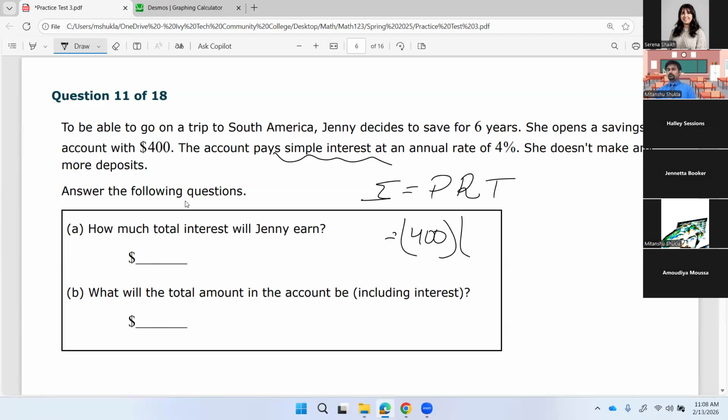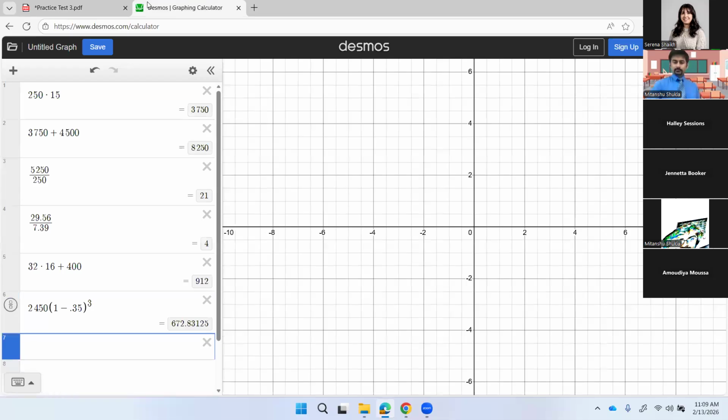What's the rate? 4%. As a decimal, it's 0.04. Time. How long is she going to save this money for? 6 years. Multiply it all together. 400 times 0.04 times 6 gives me $96.